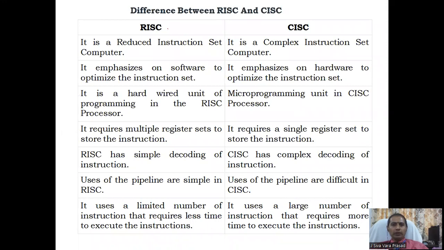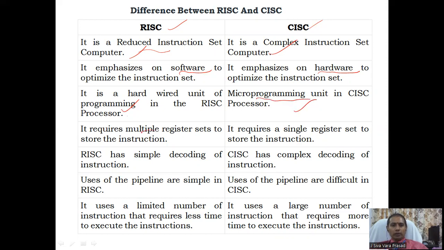Coming to the comparison between RISC and CISC. I already mentioned RISC is a reduced instruction set computer, whereas CISC is a complex instruction set computer. RISC is related to software operation, whereas CISC is related to hardware operation. Here in RISC we use a hardwired control unit, and in CISC a microprogramming control unit is made available.